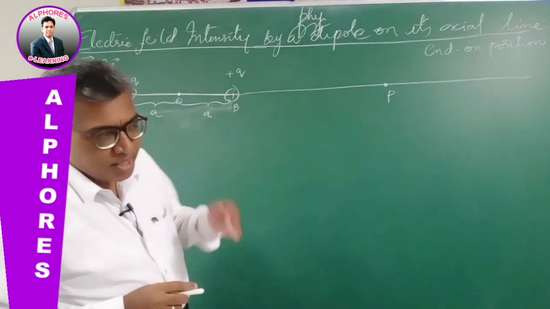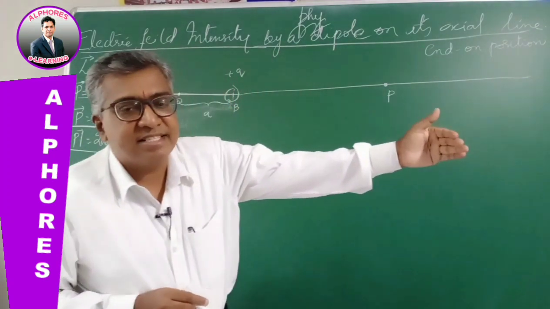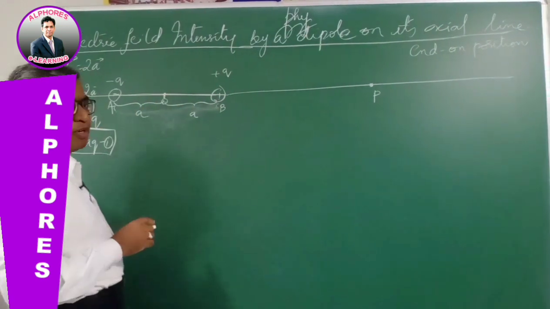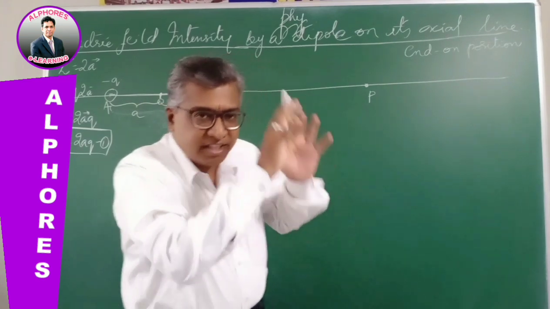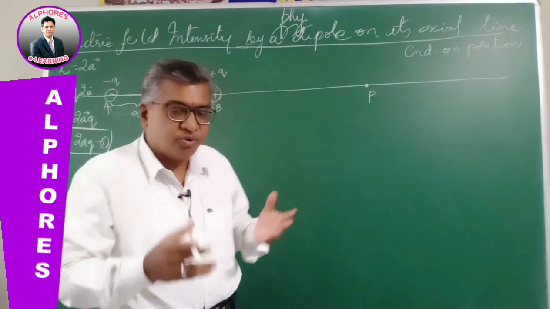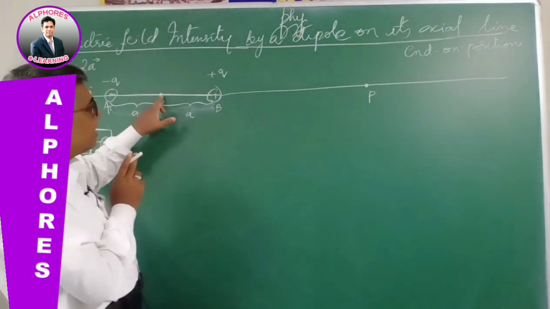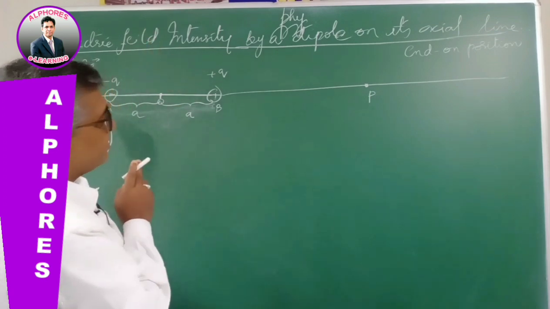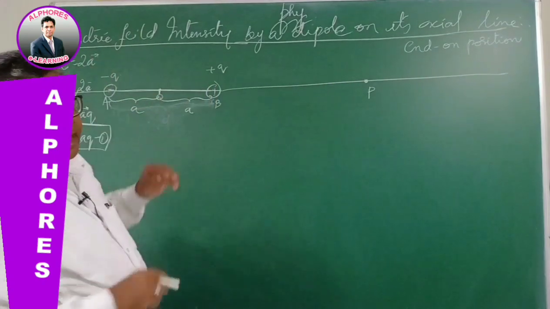I was telling you, whenever you have to consider the distance in the field of a dipole, you have to take the distance from the midpoint of the dipole. All distances are measured from the midpoint. In fact, the midpoint is considered to be the origin in the Cartesian system. Suppose if you imagine this in the Cartesian system, then this is imagined to be the origin, right? The x-axis will be oriented along the axial line, and the y-axis will be the other line, the equatorial line.